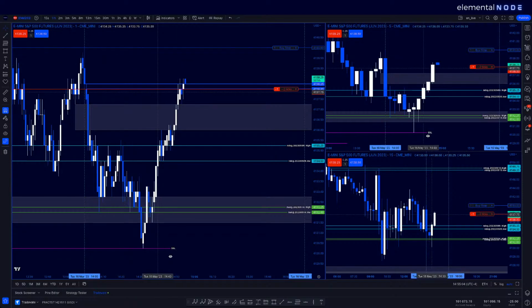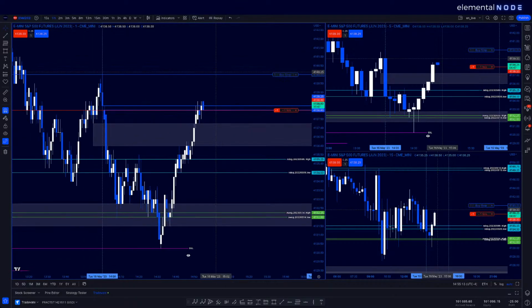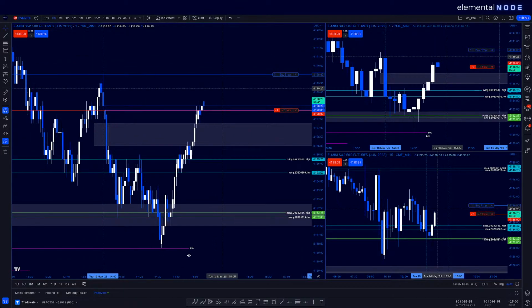But keep in mind, I don't feel confident about this. This is why I'm opening it up in the practice account, just because I don't feel too confident about it. Even with the practice account, I'm opening up one trade, one contract.